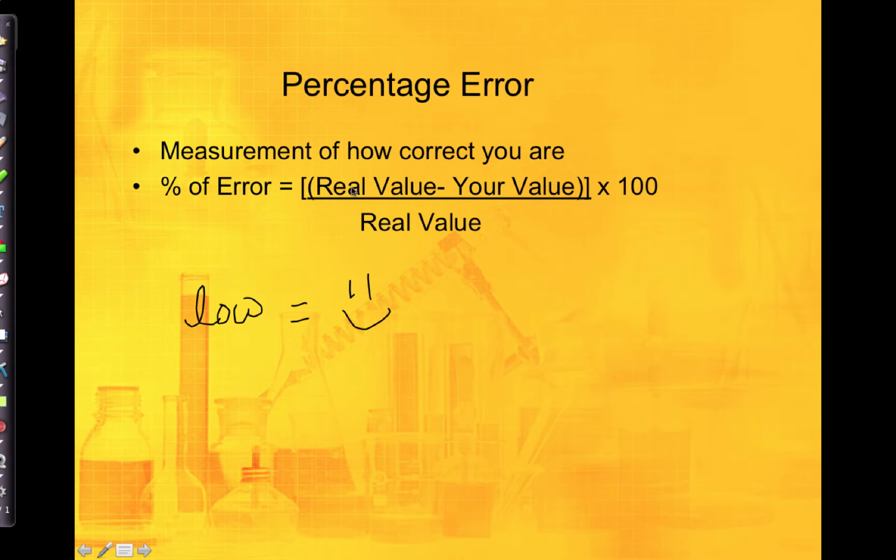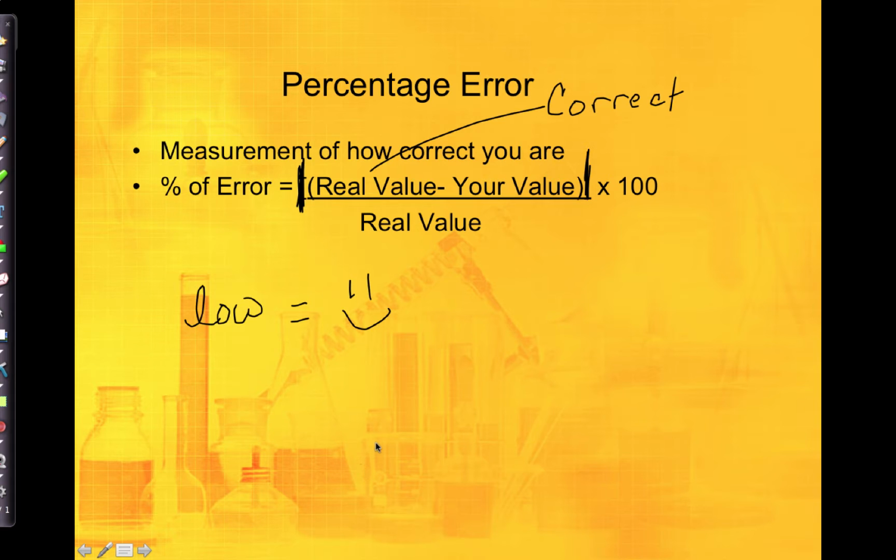In order to get that, you're going to take the real value, which is basically the correct value, whatever you should have gotten, and subtract what you got in the lab. This is your measurement. Then divide that by the real value, so again, whatever it should have been. And then, of course, take the absolute value. These are absolute value signs. You should never have a negative percentage of error. And then multiply it by 100 at the end.